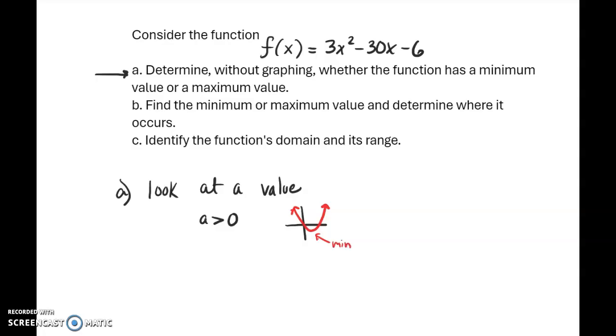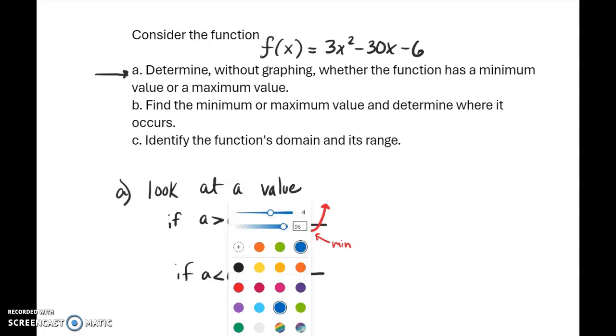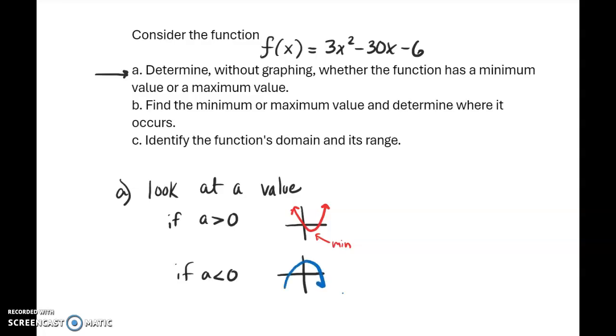And if your A value is negative, so A is less than 0, then when you graph your function, your parabola is going to open downward like this, and it would have a maximum value.